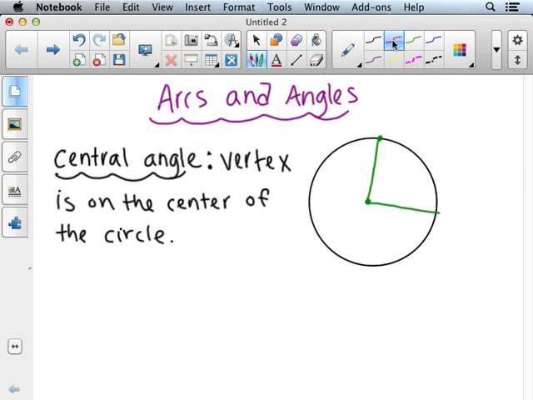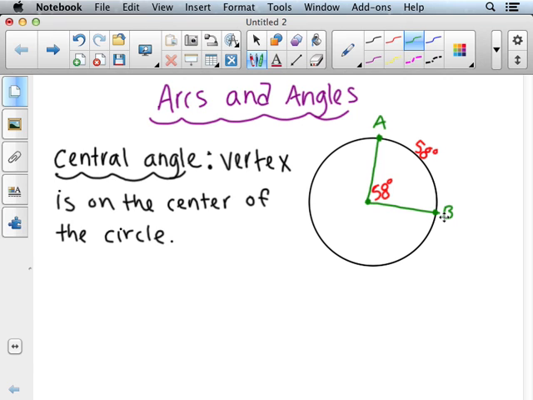But let's say this angle measures, I don't know, let's say 58 degrees. Well, that means this arc also measures 58 degrees. If these are my endpoints, let's call this A and call this B. I would label this as arc AB.